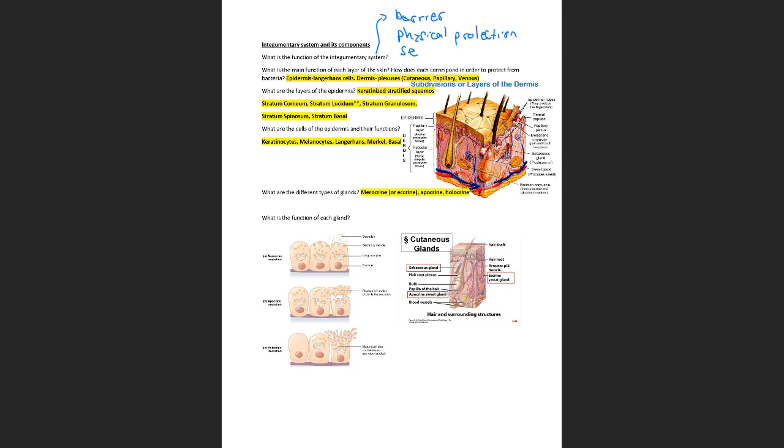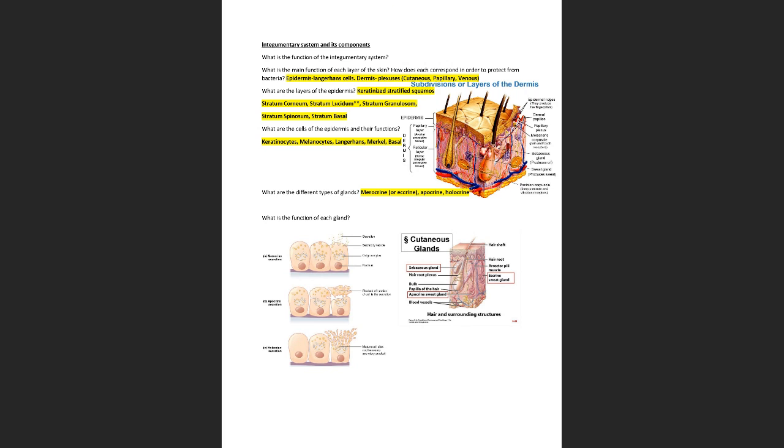It's for sensory input. These are some of the main things that it does, okay? And it's there for support as well. Okay? So those are the functions of the integumentary system.